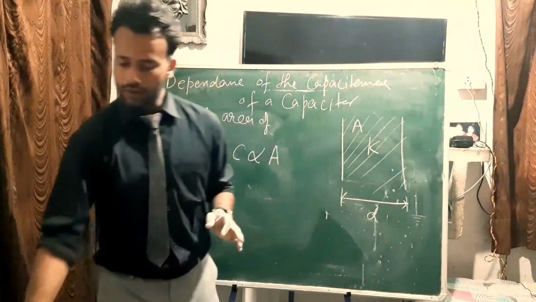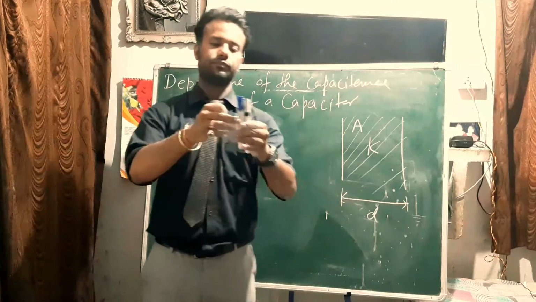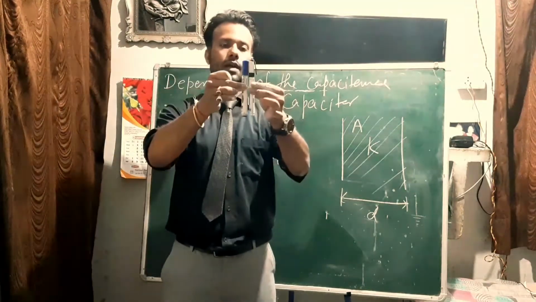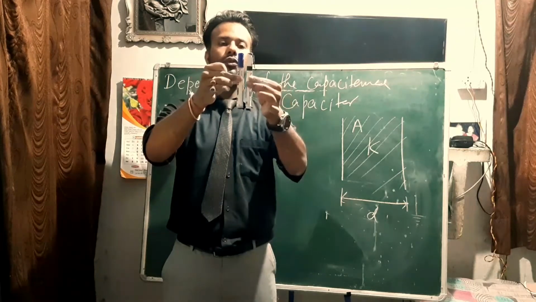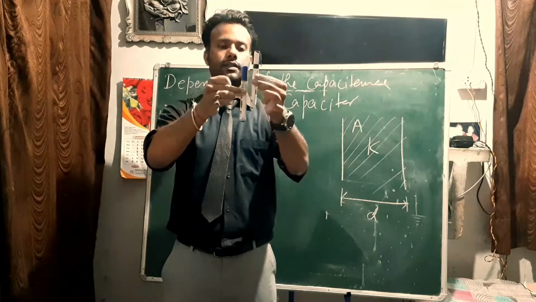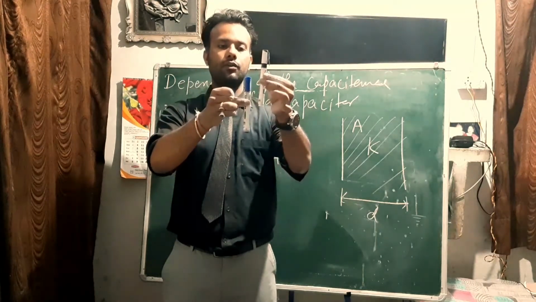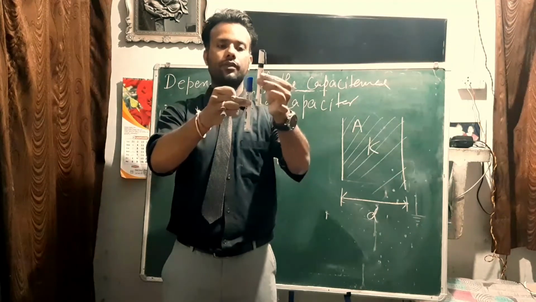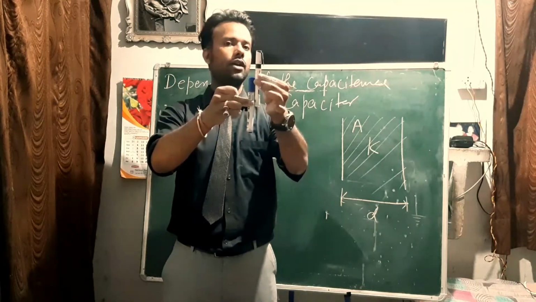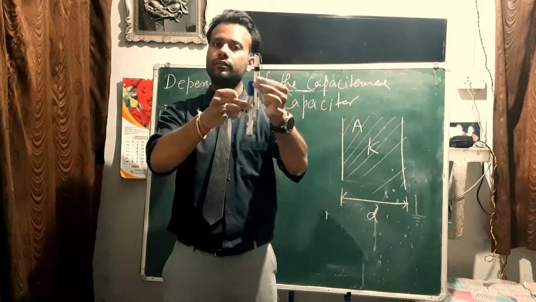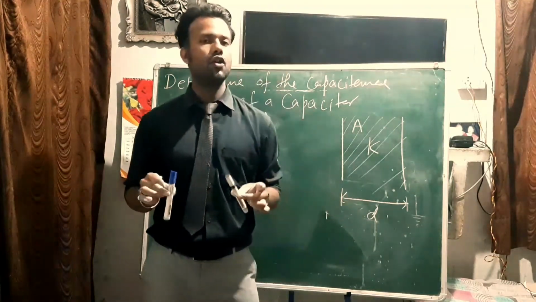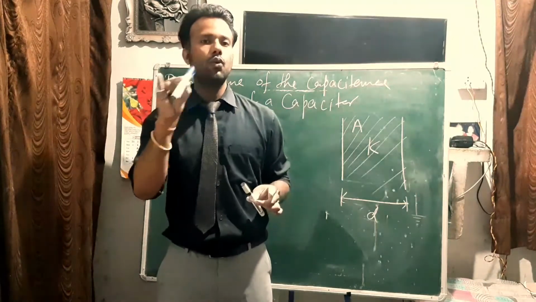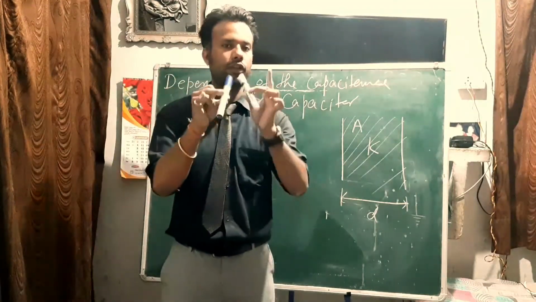Like, suppose we have two plates like this. Now this is the overlapping area, right? Now if you take this plate like this, you can see that the overlapping area has been halved, although the area of the plate is still A. So some students get confused that A is the area of the plate. No, it is the overlapping area between the two plates.